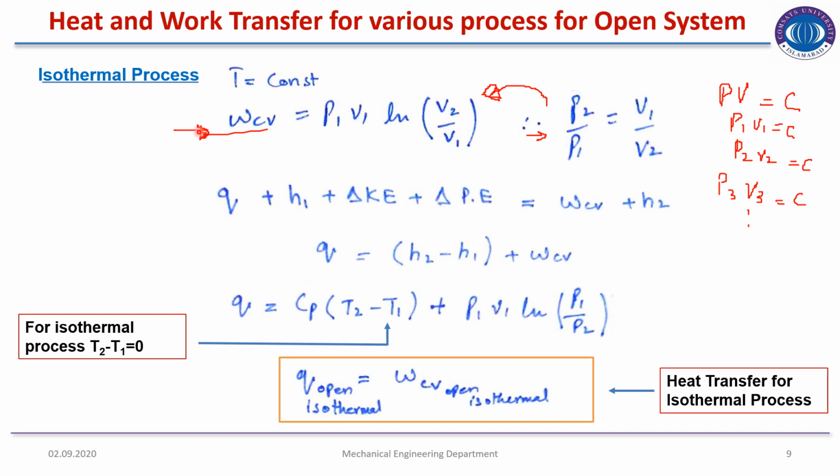For an isothermal process the term T2 minus T1 will cancel, because it is a constant temperature, and Q is equal to P1 V1 natural log P1 by P2. Therefore heat transfer for an open system for an isothermal process is equal to the work transfer. In an isothermal process, both Q and W for an open system are the same.